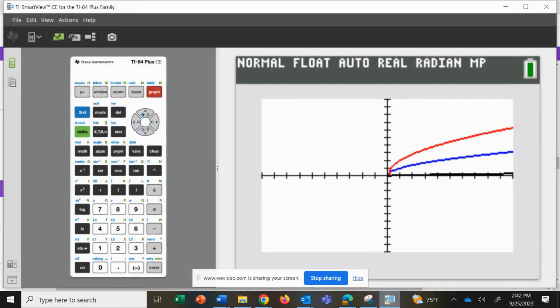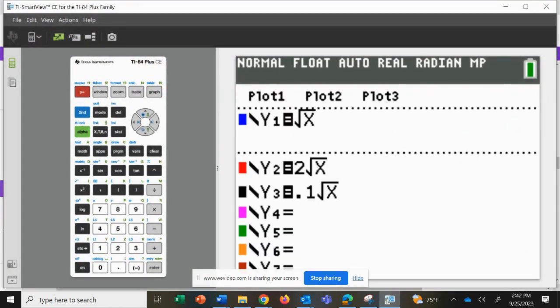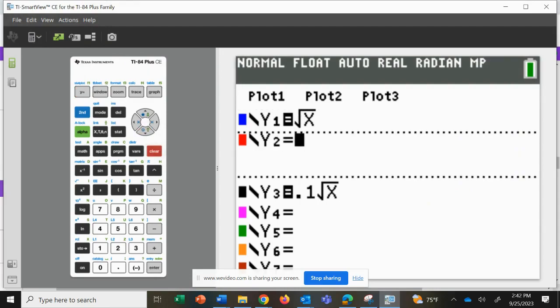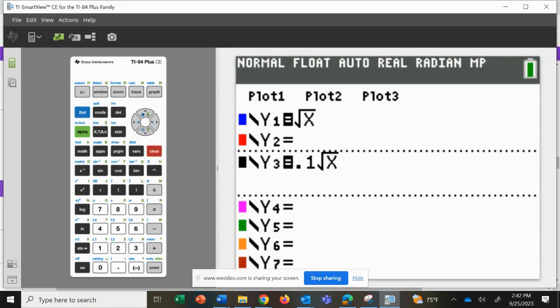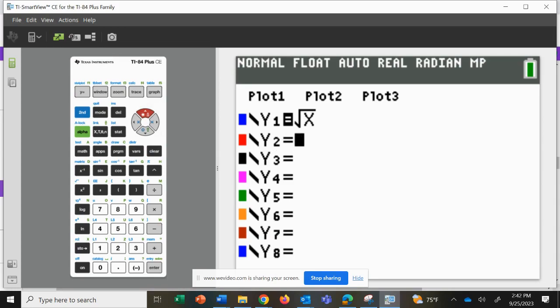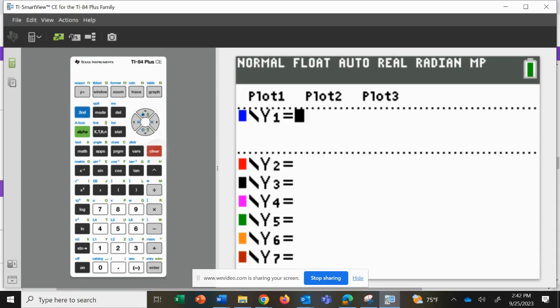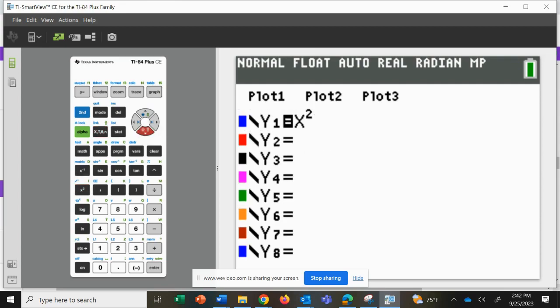Okay, so let's go to our calculator. Let's start with x squared for our original parent function. So clear out all those other ones, and we're going to do x squared. To put something on the inside of x squared, you're going to need parentheses. Type it on your calculator.